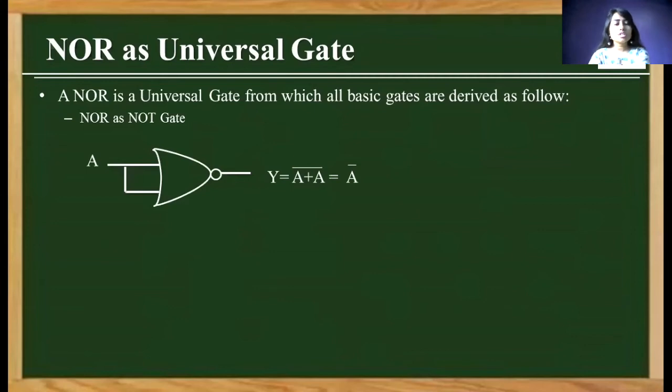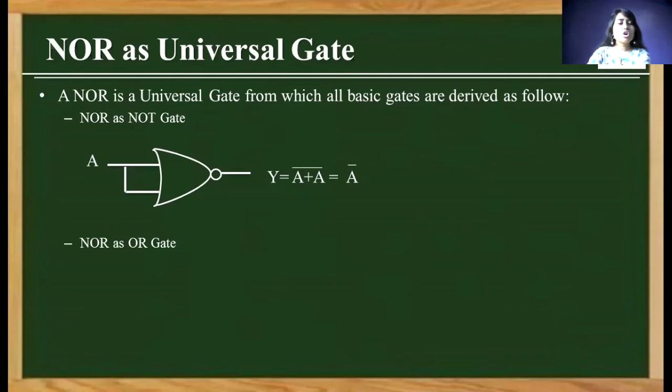That means A plus A bar, and according to the characteristic, A plus A is equal to A. So here A plus A is equal to A. So for this NOR operation, we have only A bar. So this is how NOR works as a NOT gate.